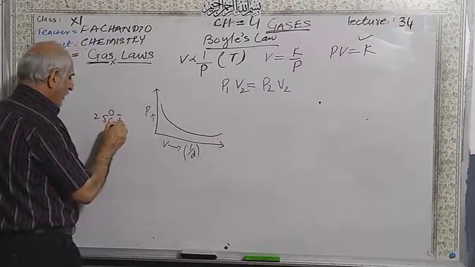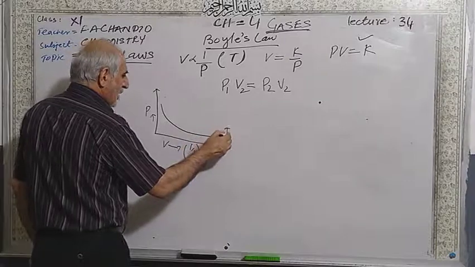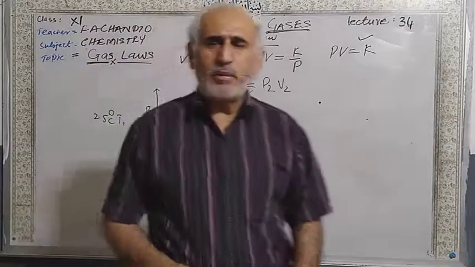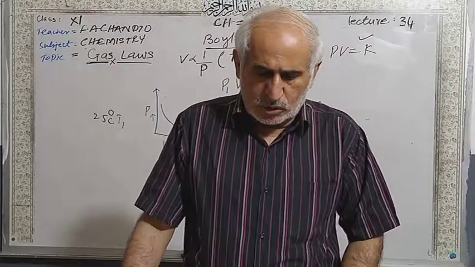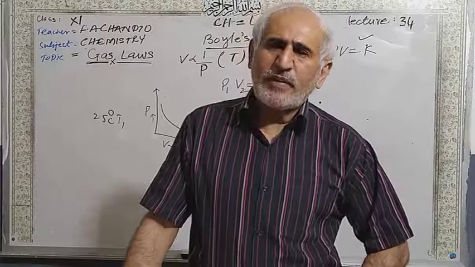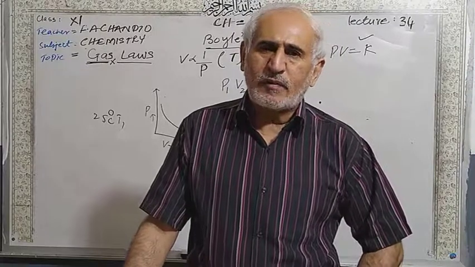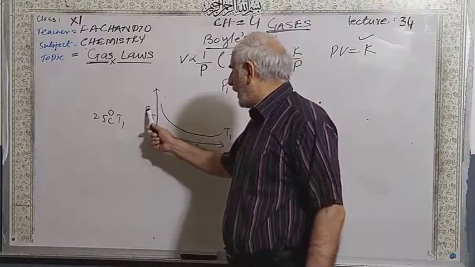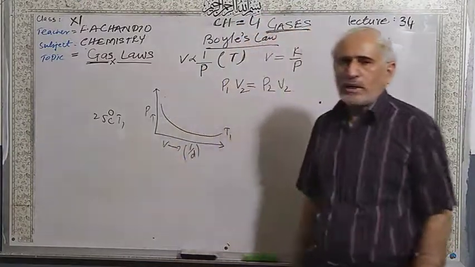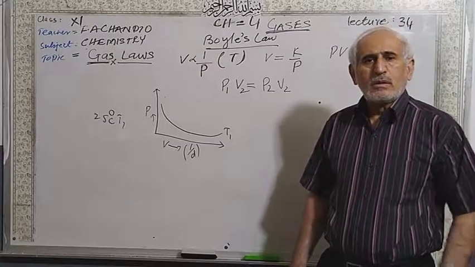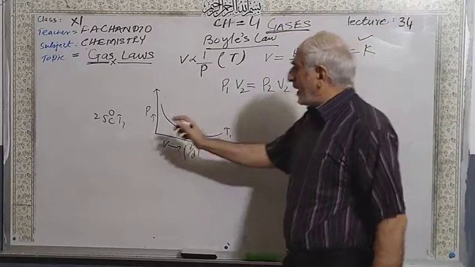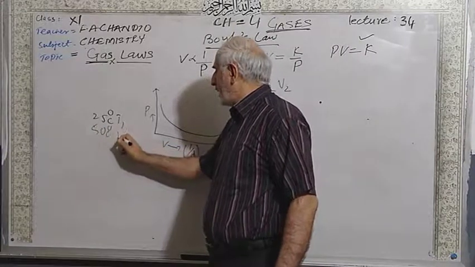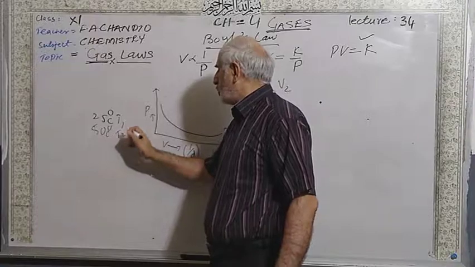This is the T1 temperature. This isotherm is at T1. Iso means same, therm means heat. So at 25 degrees centigrade, you will get a curve we call an isotherm when you plot a graph of pressure against volume or 1 over d. But if you increase the temperature, suppose now 50 degrees Celsius, this is T2.